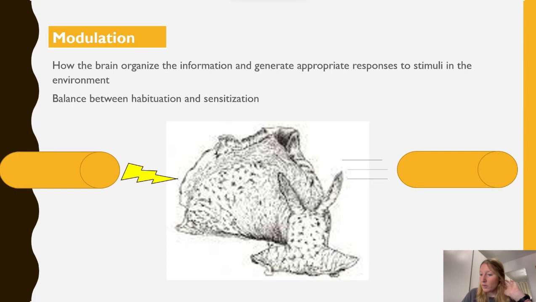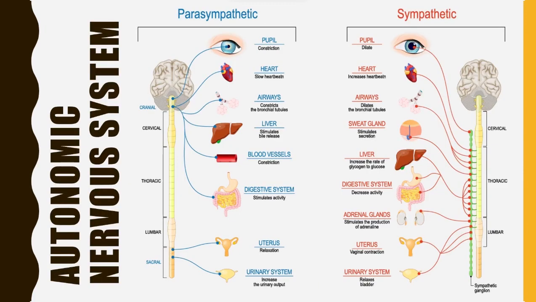So let's talk about the brain a little bit more. We have to imagine a balance, okay? On one side we have the parasympathetic system, on the other side we have the sympathetic system.